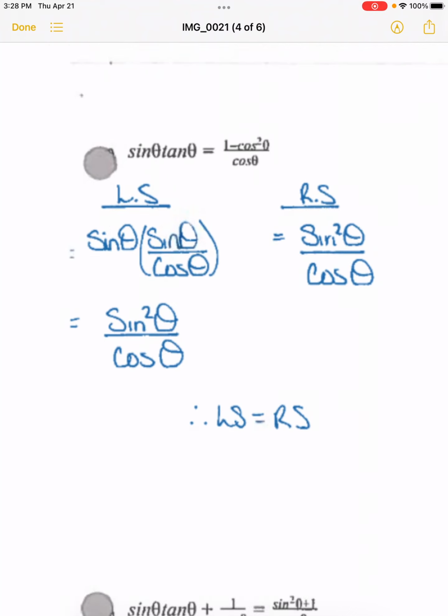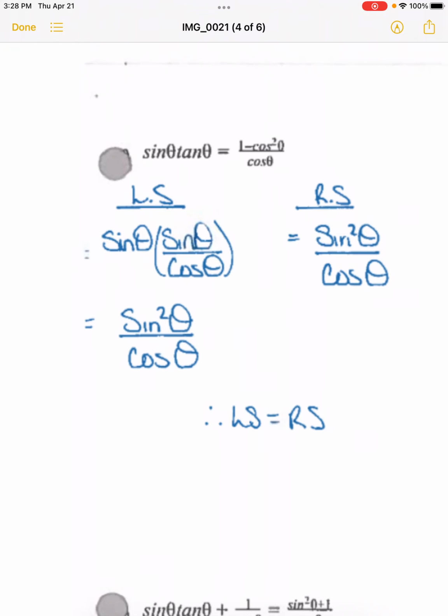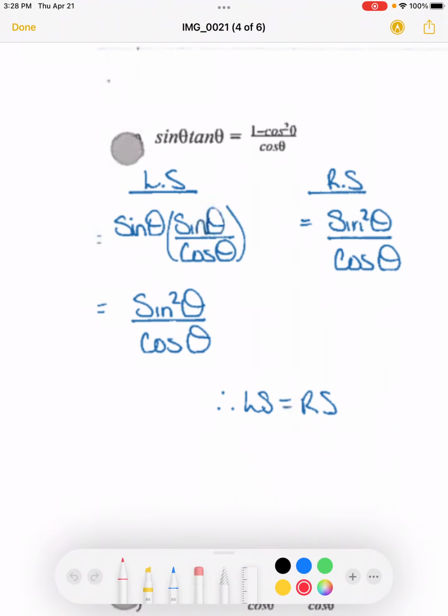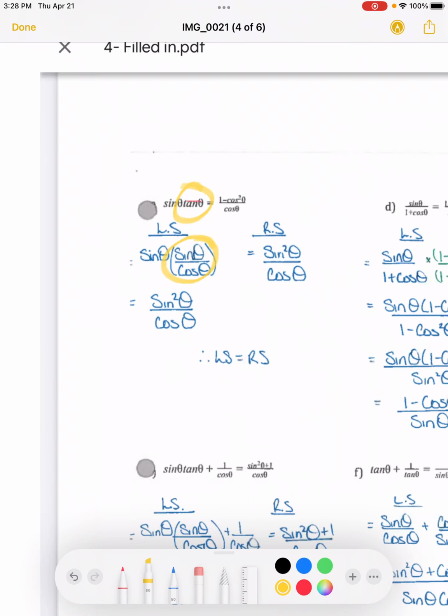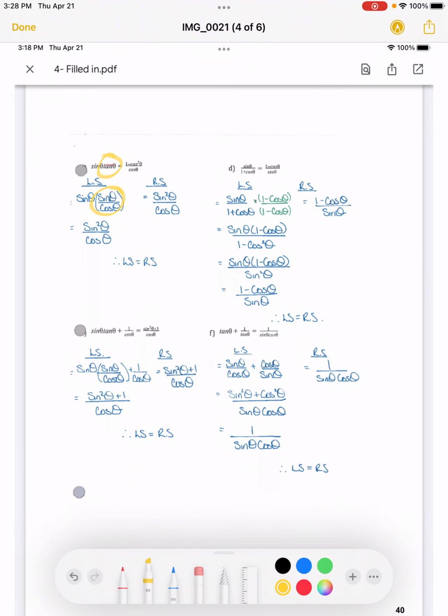Again, just replace tan here with sine over cos. You get sine squared over cos. And we know from the Pythagorean identity that sine squared is the same as 1 minus cos squared theta.